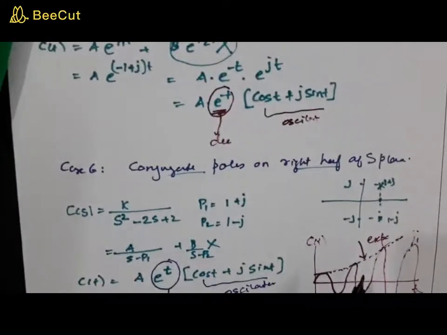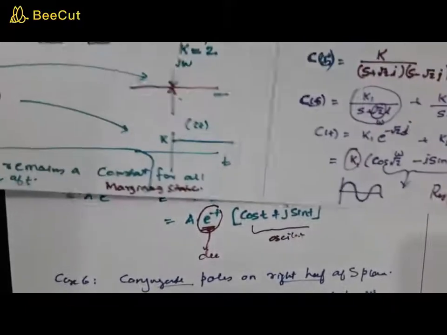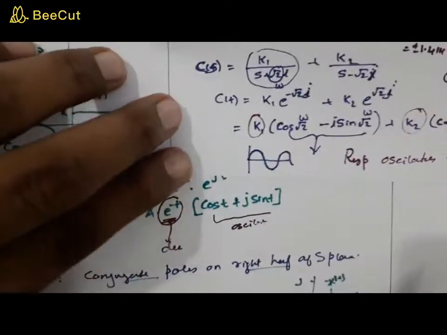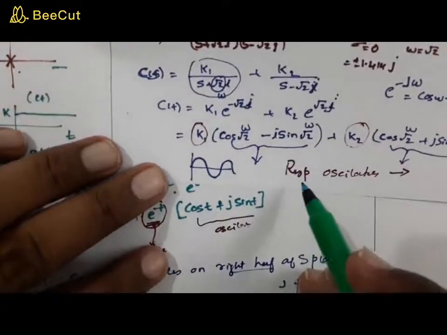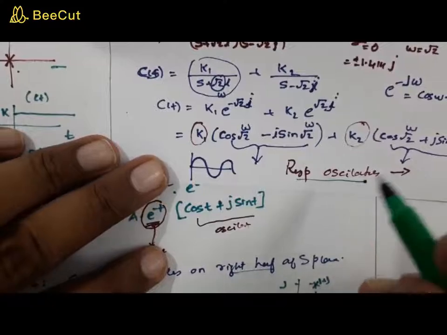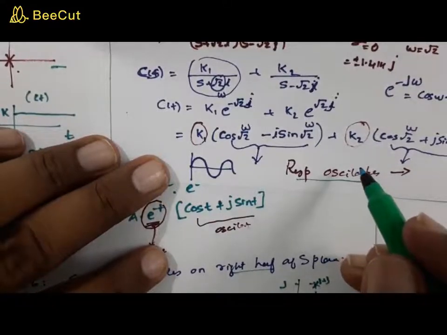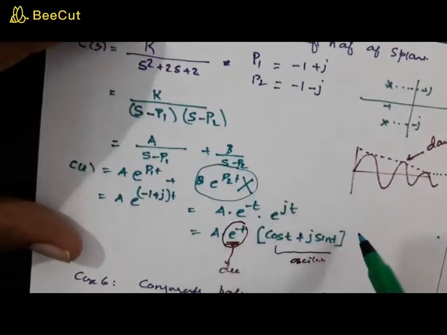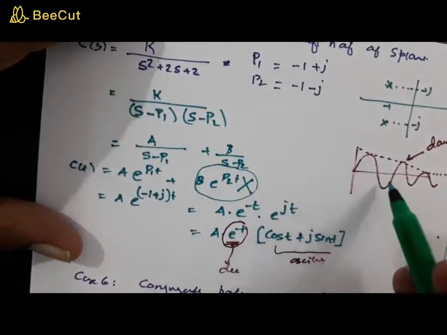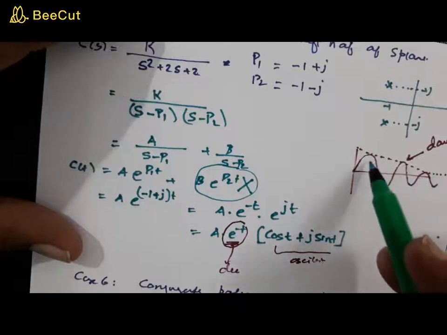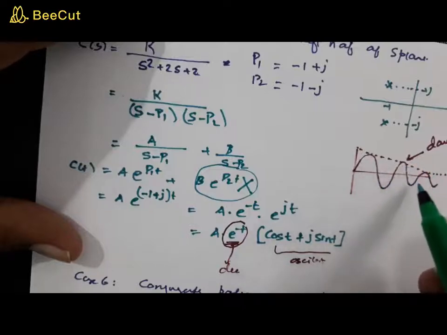Now we are going to see these three cases which we studied, from the perspective of controlling an output. Here the response oscillates. That's not desirable for a system, but this oscillation remains constant. What about this one? As far as control is concerned, there is an oscillation that is decreasing as time increases.